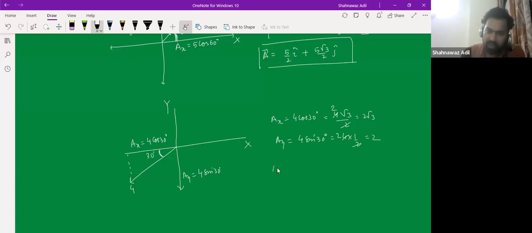When we write the vector and Ax is there, what is the direction for this x component?